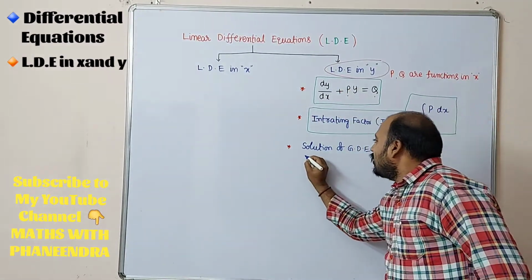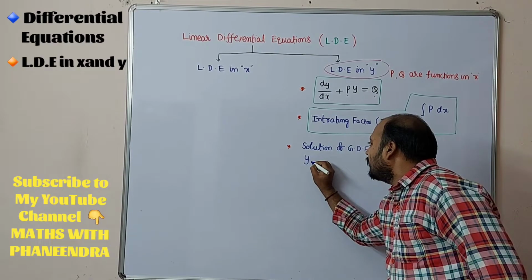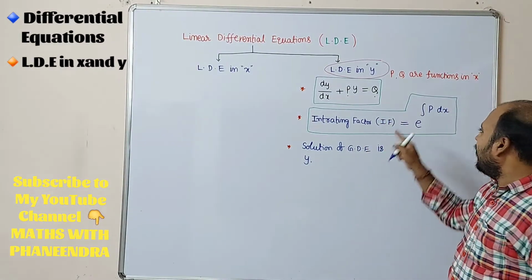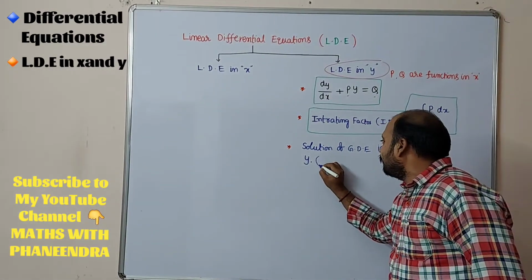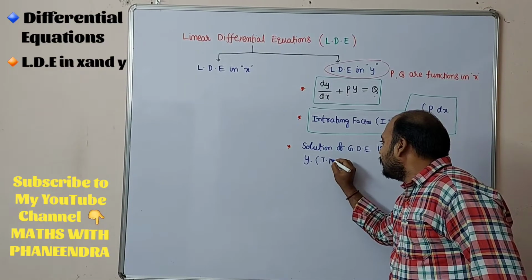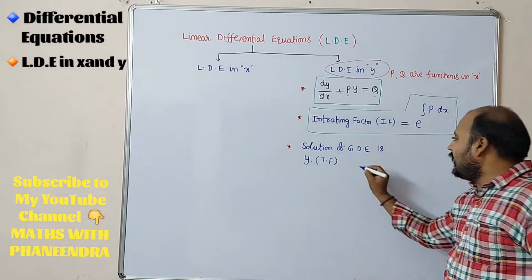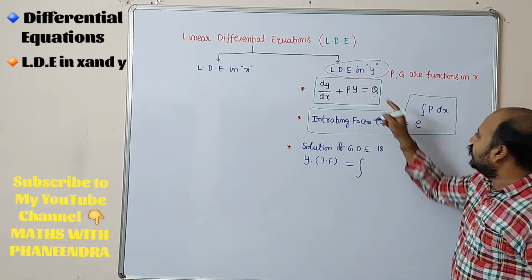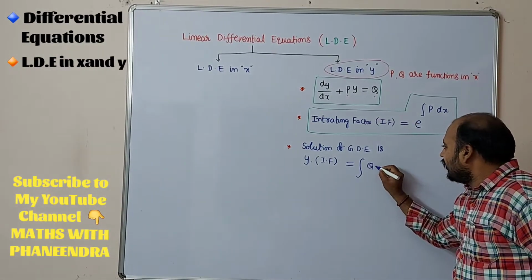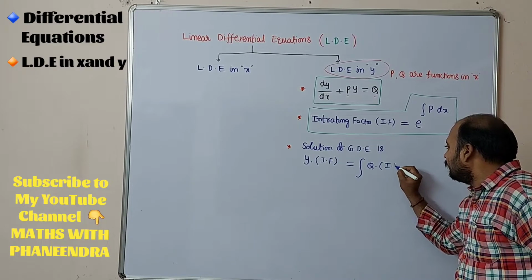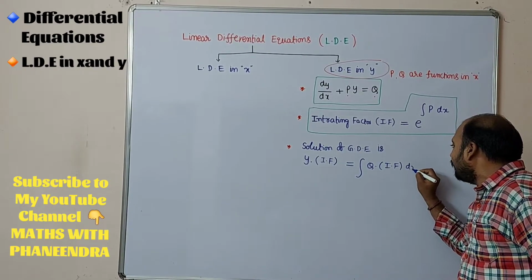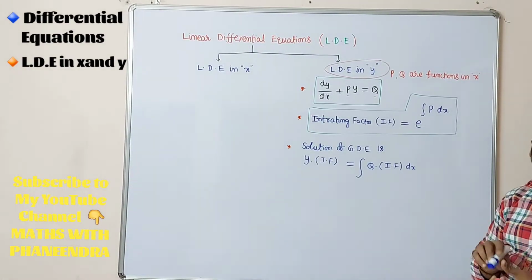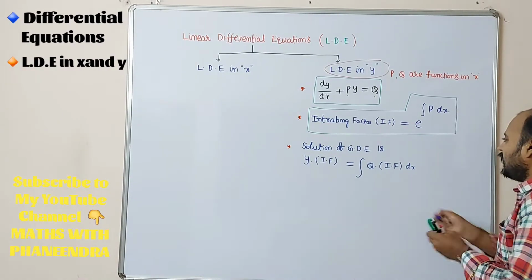So start with y here also. The solution of the differential equation: y into integrating factor is equal to integral q into integrating factor. That's all. After that we can simplify and get the answer, plus c after integration.